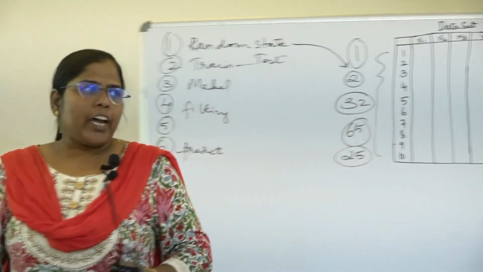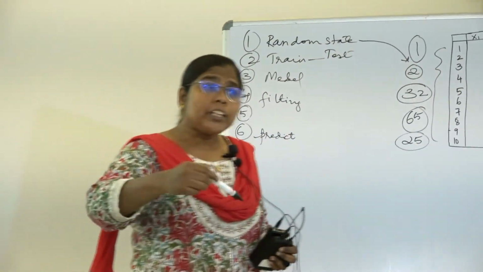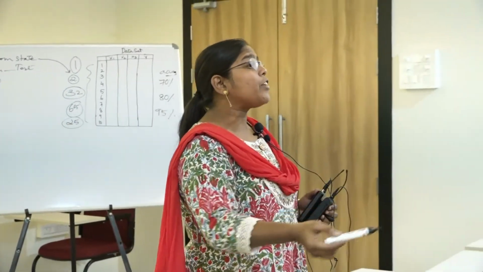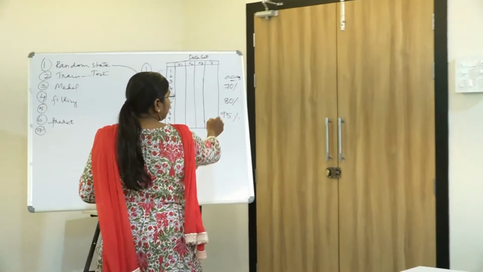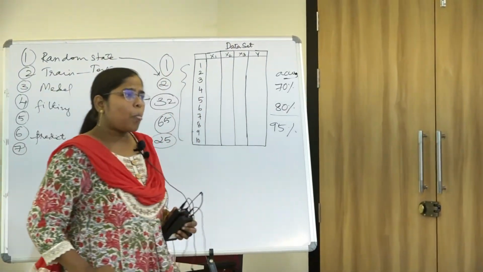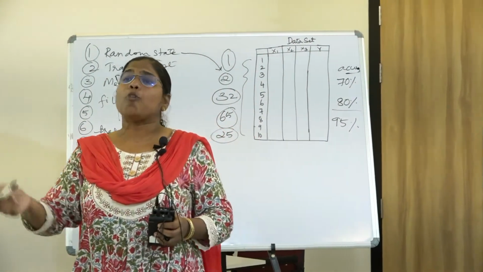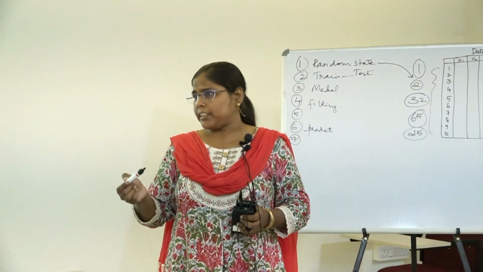So, when I am preferring a random state, I am doing the experiment that many times so that the average of our accuracies, I will take it as some 80%. So, it depends on the random state and how many experiments you are doing on your data set.